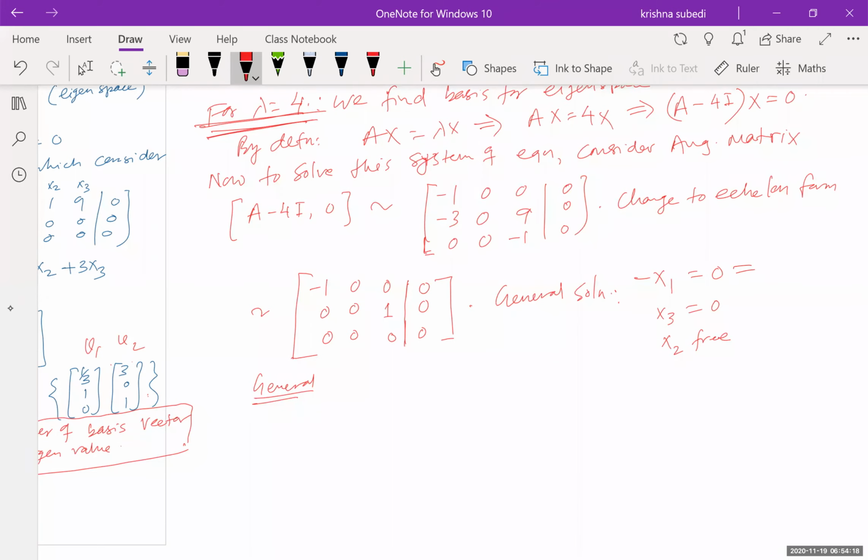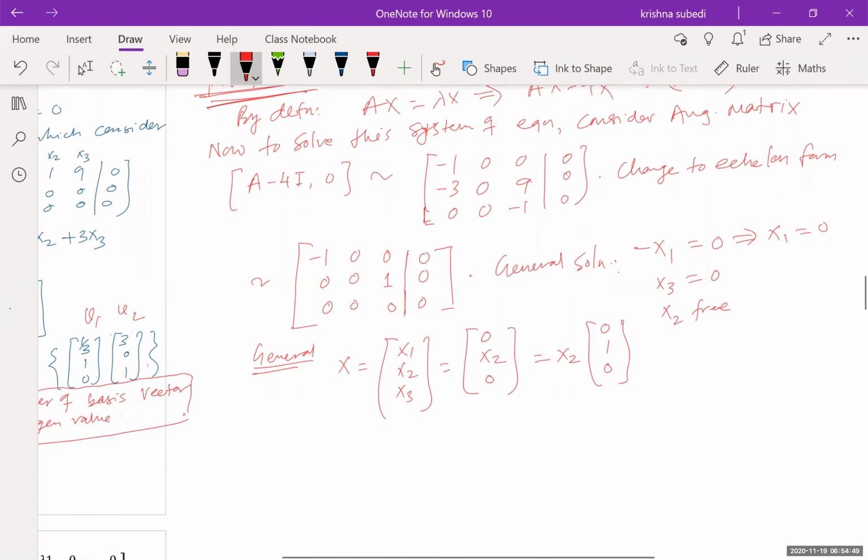Let me write this in a nice form. If negative x1 equals 0, that means x1 is also 0. So x equals x1, x2, x3, where x1 is 0, x2 is free, and x3 is also 0. So what I can write here is 0, 1, 0.